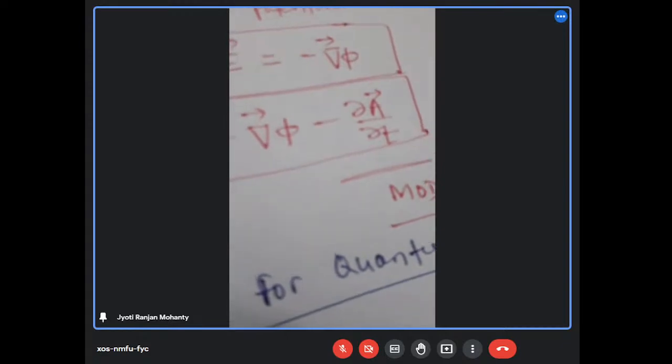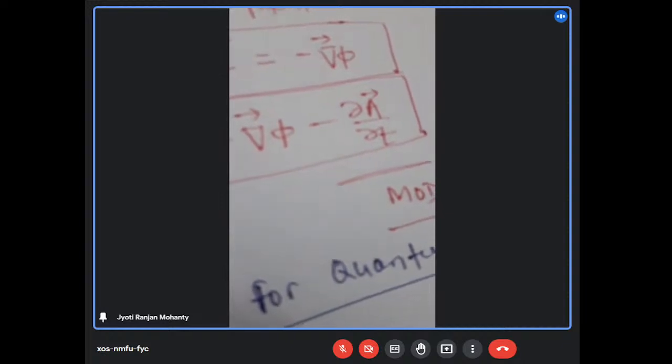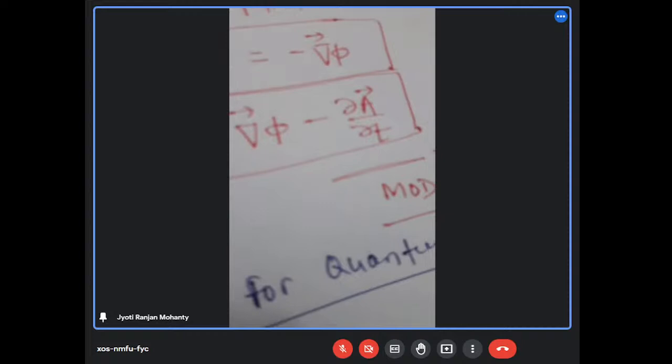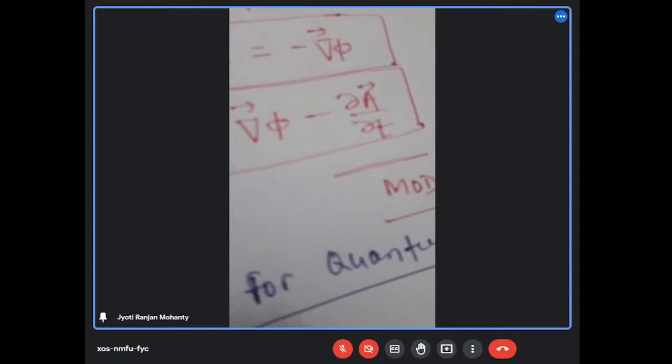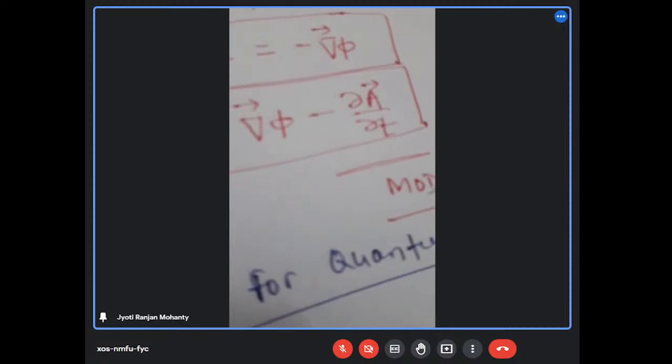So the concepts of classical physics were modified in favor of new revolutionary concepts, giving birth to a new physics known as quantum physics.